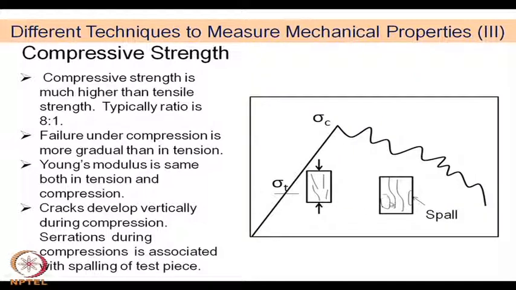Spalling means a part of the sample just comes out of the surface. Towards the end of this experiment, you will see some portions of the surface material come out, loosened because the cracks get joined together and larger cracks appear. So, these are some features of the compressive test carried out on ceramic materials.